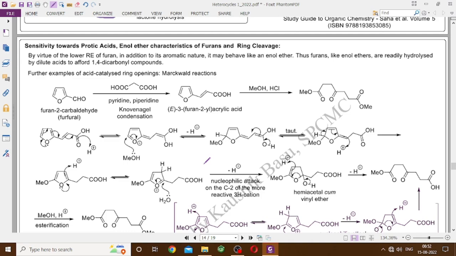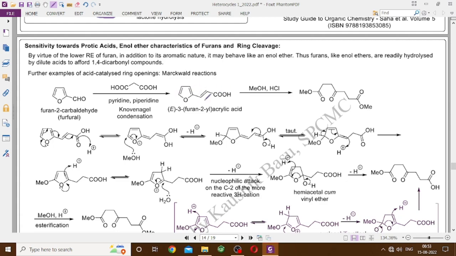If you treat this with this dicarboxylic acid in a pyridine reaction mixture, this is obviously malonic acid, you get an alpha beta unsaturated carboxylic acid.